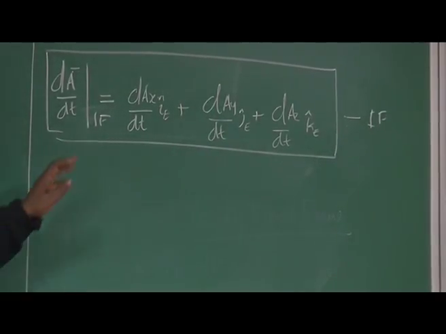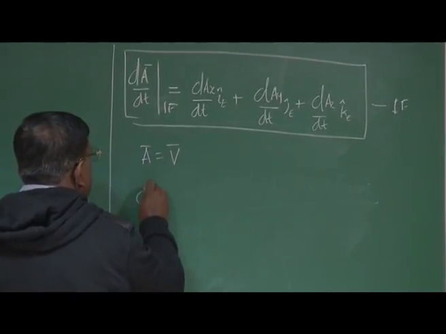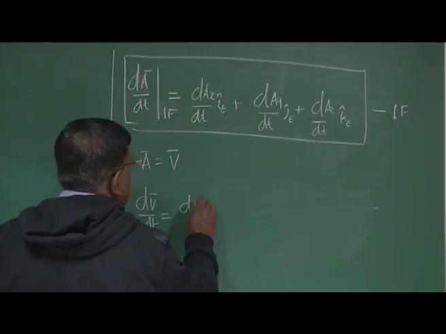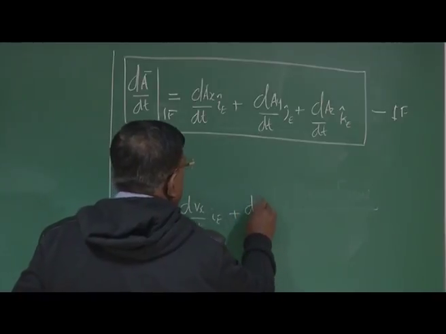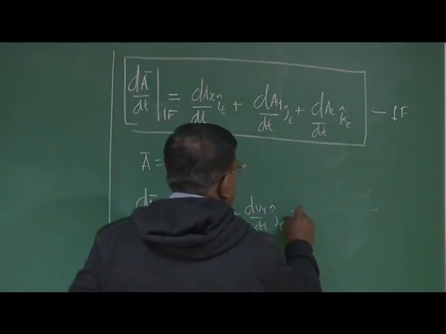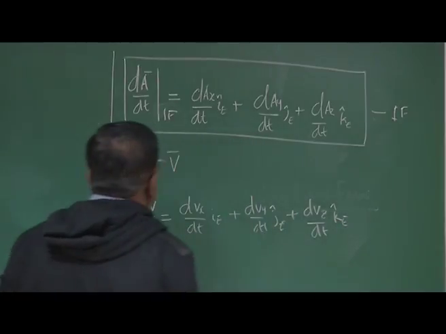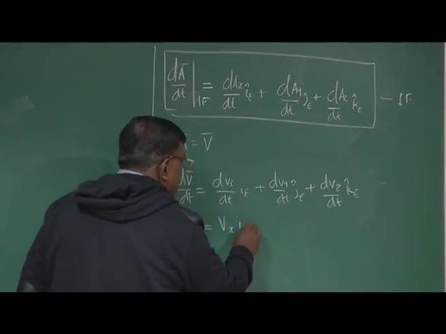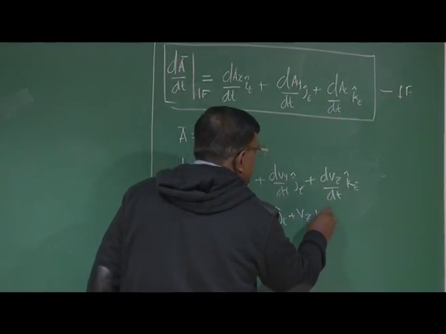If I say A is the vector V, then dV/dt is dVx/dt i_E plus dVy/dt j_E plus dVz/dt k_E, where V has components V = Vx i_E + Vy j_E + Vz k_E.